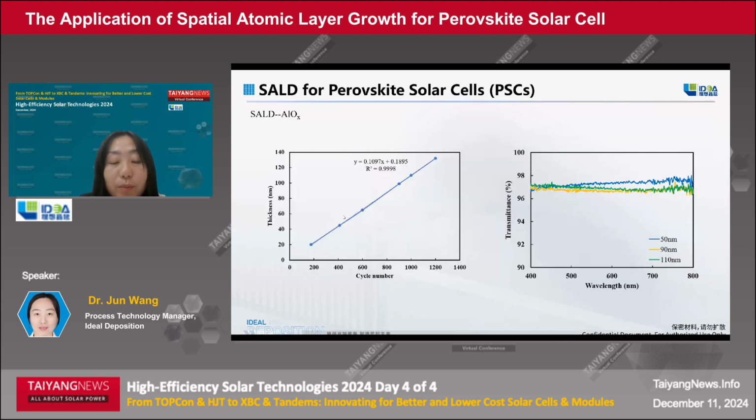Next is the alumina film grown by SALD. The film thickness has a linear relationship with the deposition cycle number as well. The GPC is about 0.1 nanometer per cycle. Transmission of the SALD aluminum oxide layer is about 96%, even though the thickness is as high as 100 nanometers.